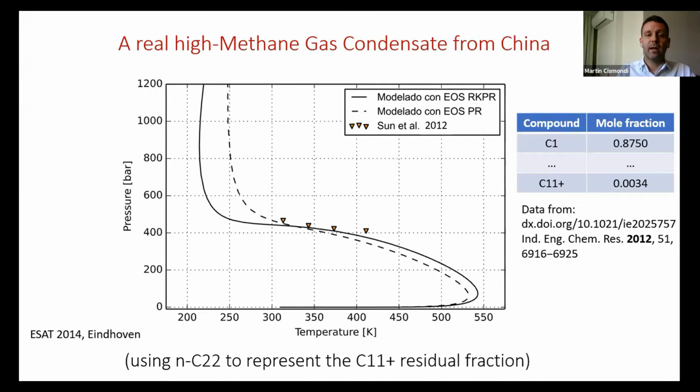So it behaves like a gas condensate. And when you see, not only the modeling, but also the trend in these measurements are showing a clear possibility of open phase envelope. So it can happen. It's not that frequent, but it can happen in reservoir fluids.